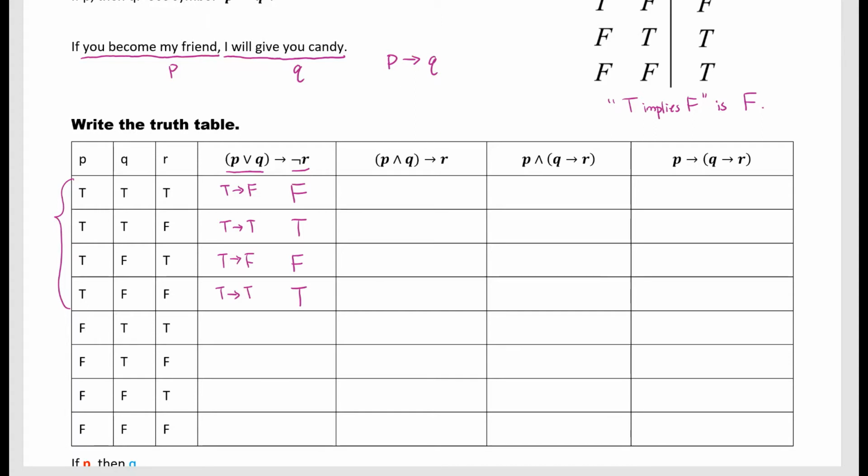P or Q. False or true is true. Not R, not true is false. True implies false is false. If the hypothesis is true, the conclusion must be true. Okay, this is the implication. And then next we have false or true is true.